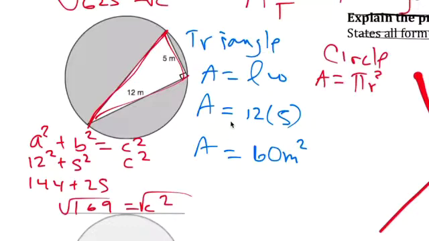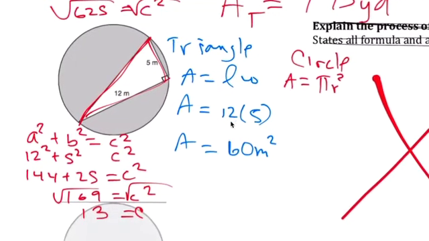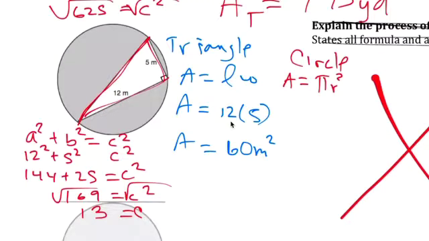Take the square root. 13. So this one is 13, that's the diameter. So radius is 6.5, right?